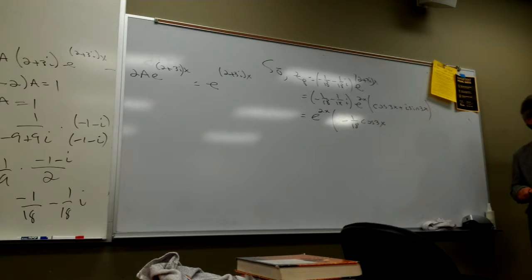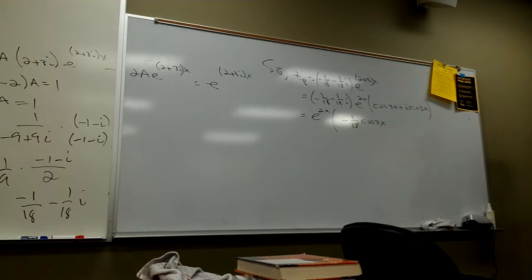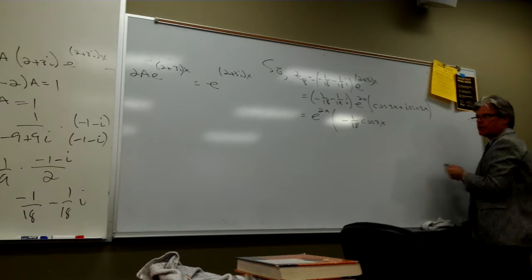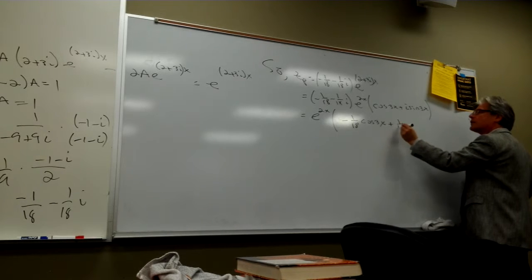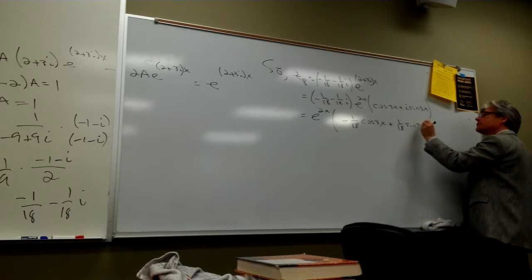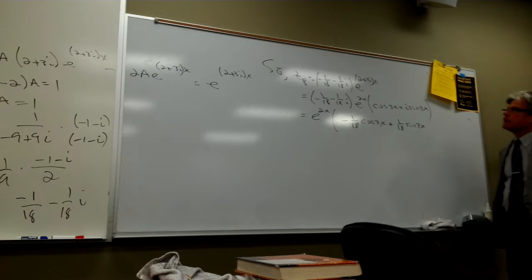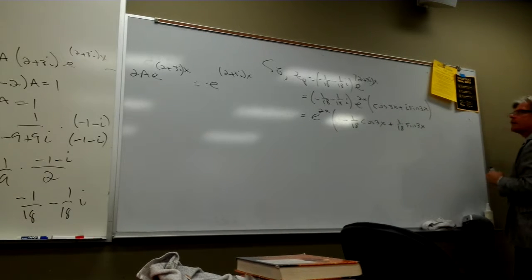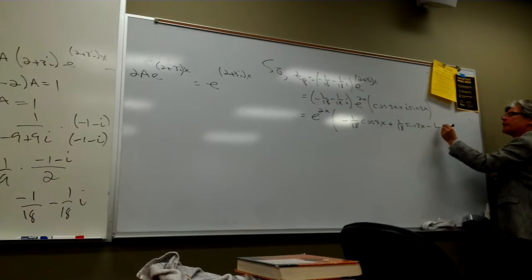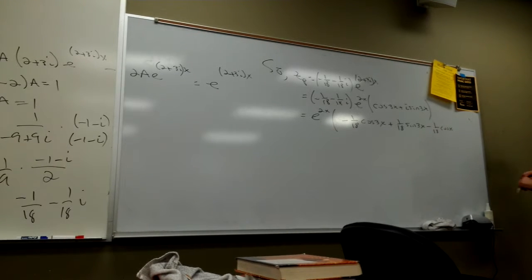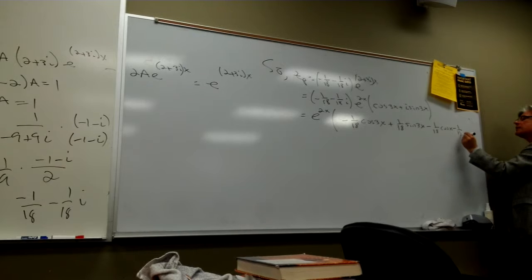I'll slow down, I want you to see where this comes from. I think the last times the last is going to give me a positive 1/18 sine 3x. I think the inside times the inside is going to give me a minus 1/18 times the cosine of x, plus the outside times the outside, a minus 1/18 sine of 3x.